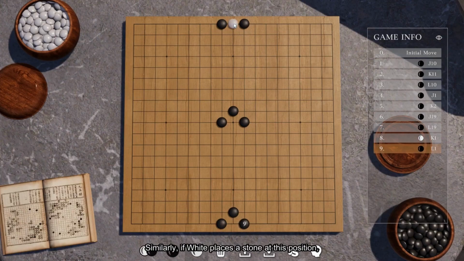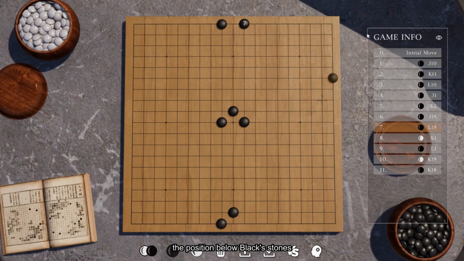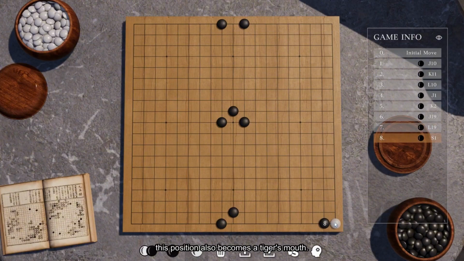Similarly, if white places a stone at this position, black can capture it immediately. That is to say, on the side, the position below black stones and the position above black stones are both tiger's mouths. And in the corner, when black has a stone here, this position also becomes a tiger's mouth. White would have only one liberty. Black can capture white on the next move.